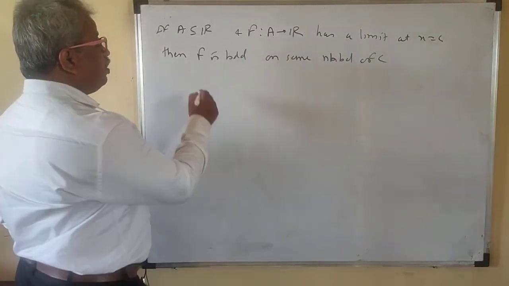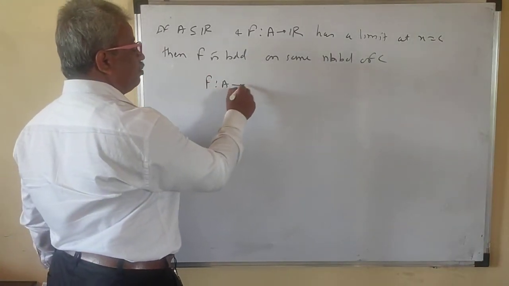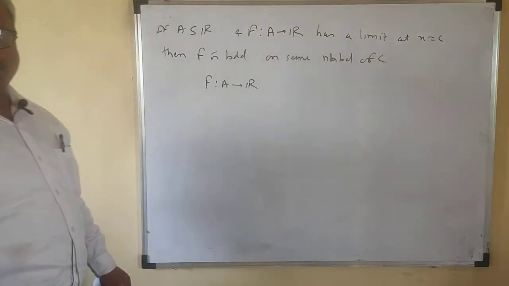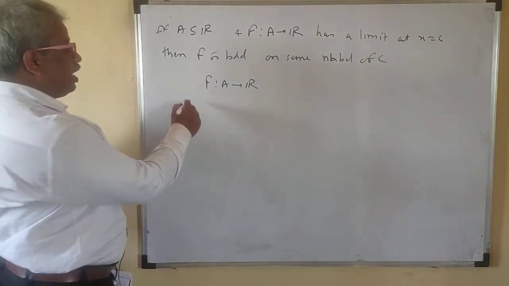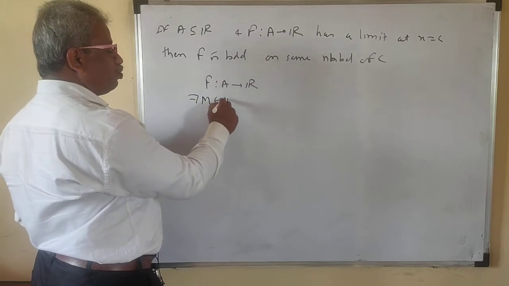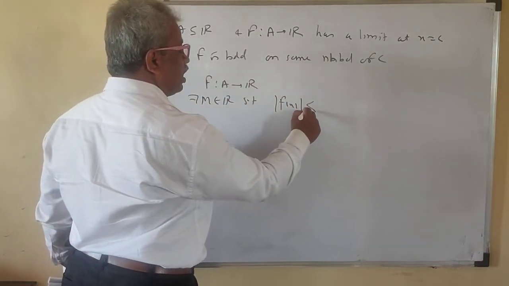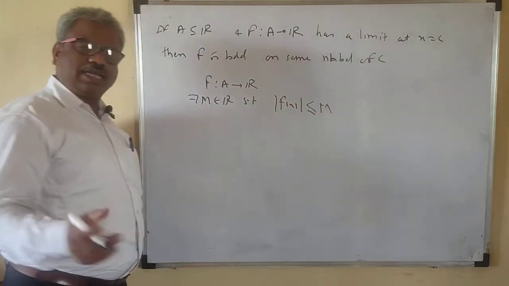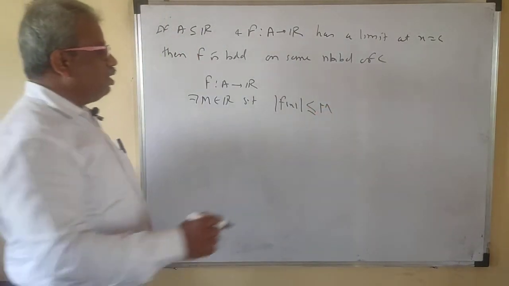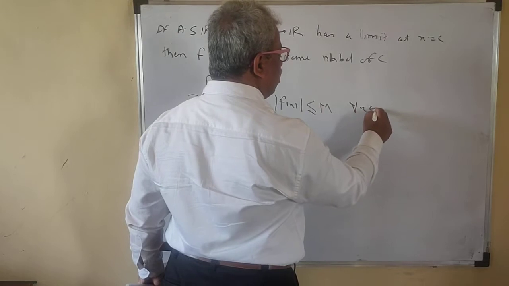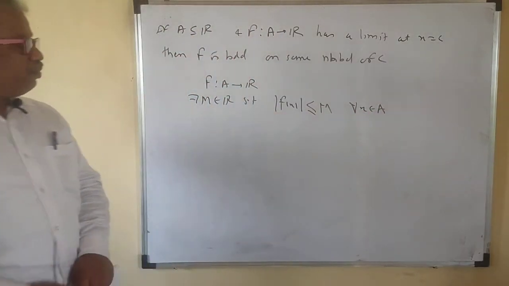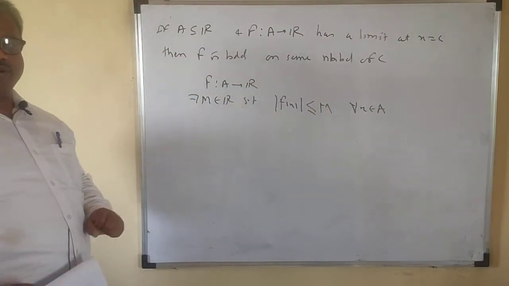Function is always bounded means what? Suppose f from A to R is a real valued function. There exists M belonging to R such that mod of f of x is less than or maybe equal to M, or strictly less than, it doesn't matter. This is true for all x belonging to A, right? Then we are saying that your function is a bounded function.